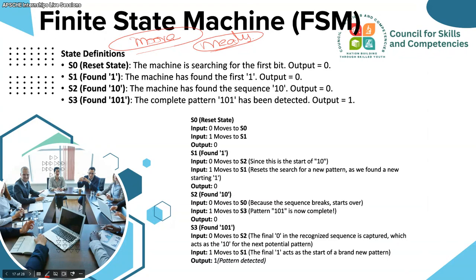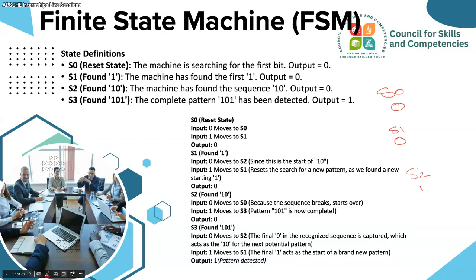Moore machine tells that the output is fixed for a state. Suppose we have state S0, the output, 0 or 1, is already fixed. If it is S1, the output is fixed. If it is S2, the output is fixed. Likewise, we have to go and do the things.